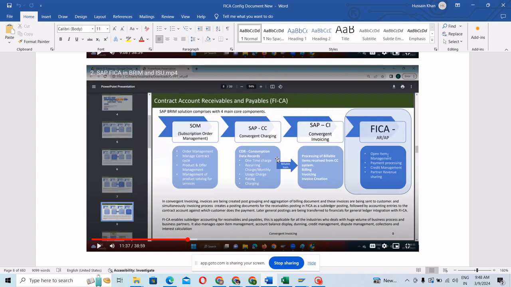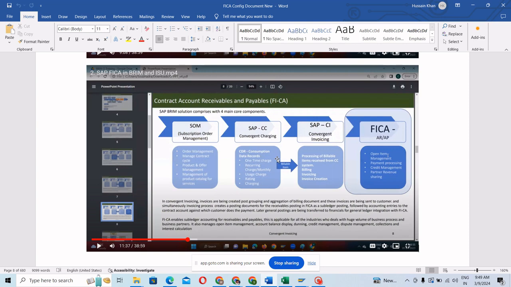And if the item is not charge based, like based on the usage, CC wouldn't be in the picture. CC might not be any part of invoicing activities. Then only the CI will be in that.